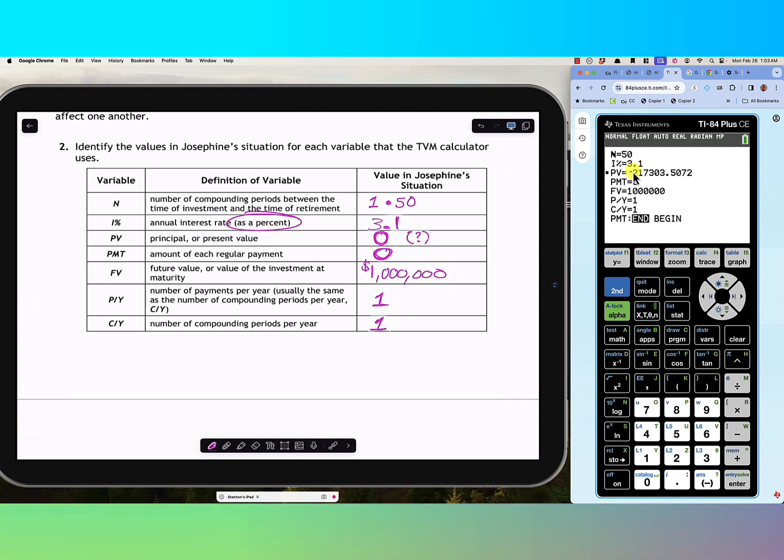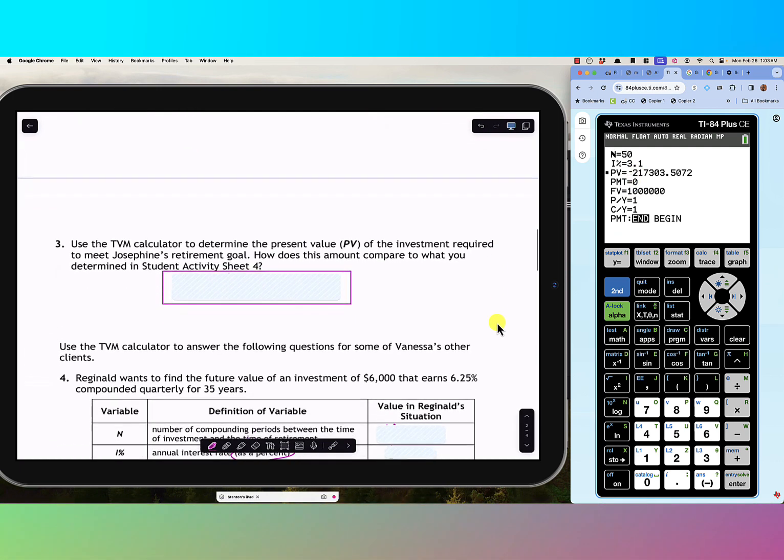The fact that it's leaving your pocket is why it's negative. So we're carrying that value over to our paper. That's our present value, $217,303.51.